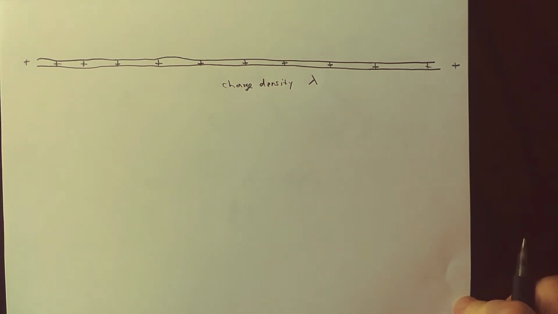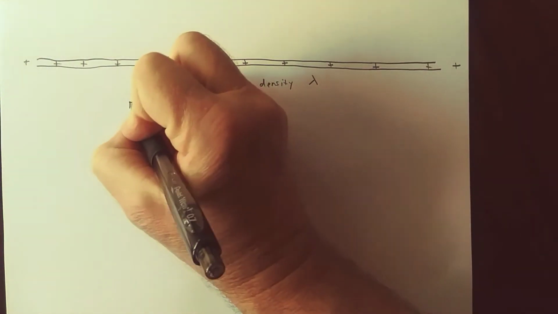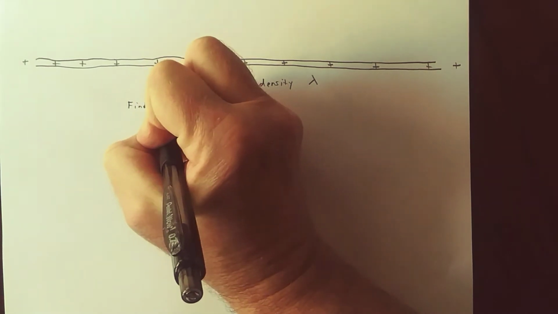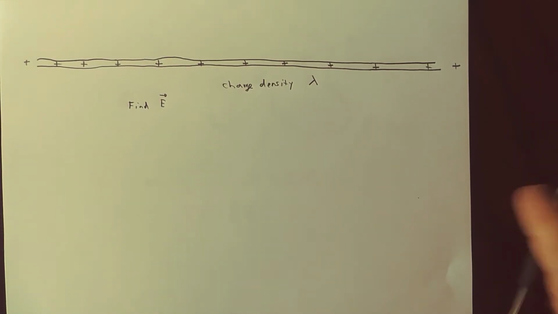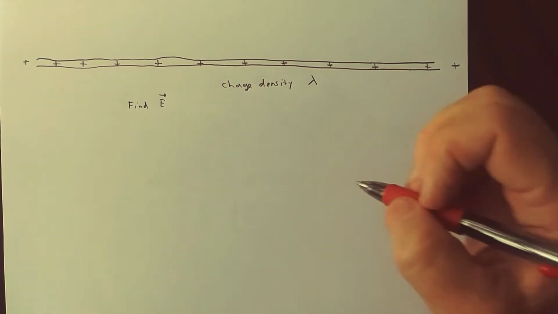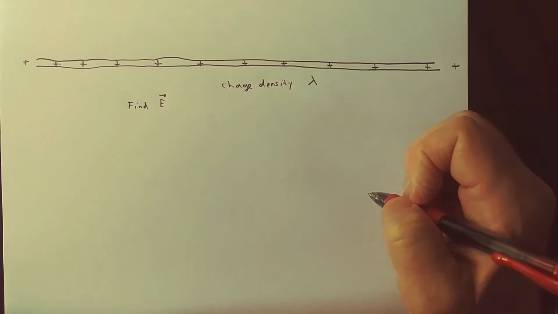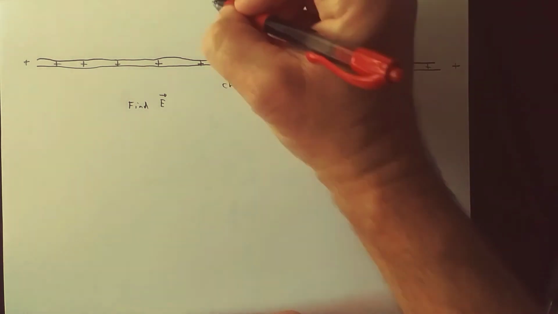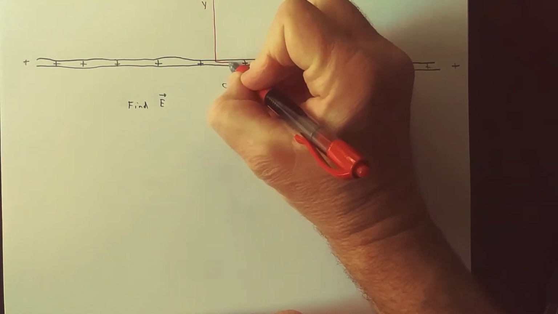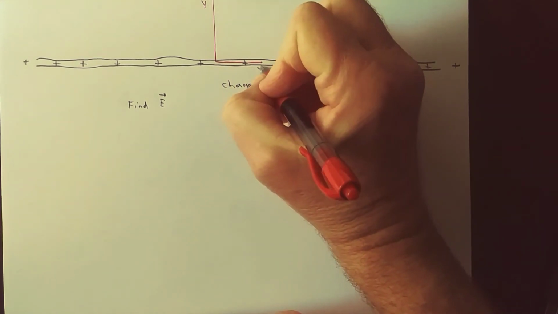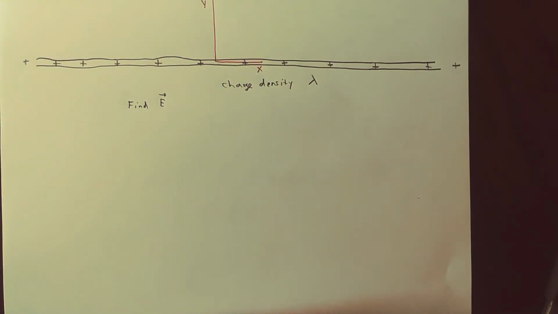And the question is, let's find the electric field in space. Given the way the charge is distributed, this is the y direction and this is the x direction, and we can think of this in terms of the xy plane.